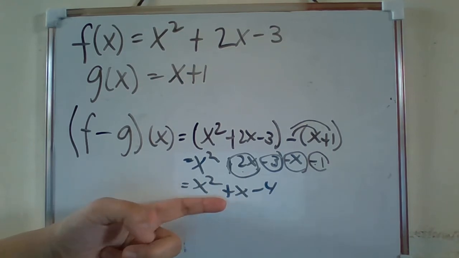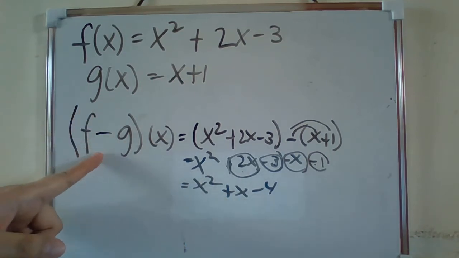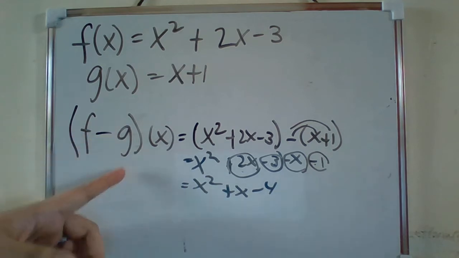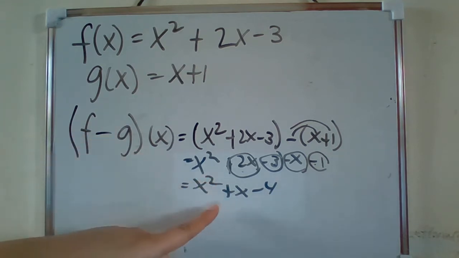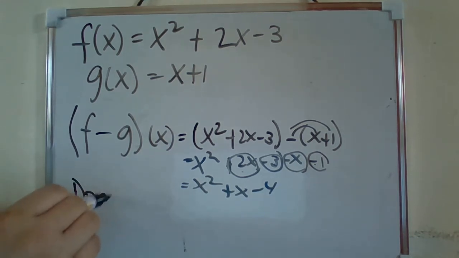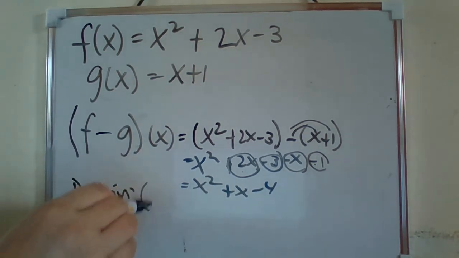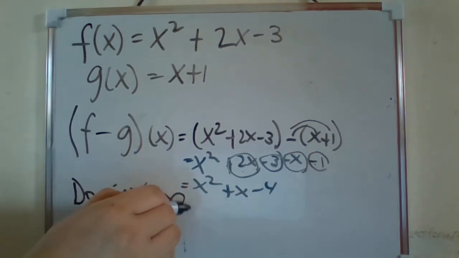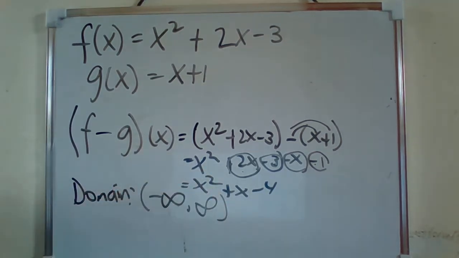When you do this, f minus g of x is equal to x squared plus x minus 4. Now, what is the domain of this? So, again, there's no restriction. We find no restriction. So, the domain here is still the same. Negative infinity, comma, infinity. Nagagets ba?